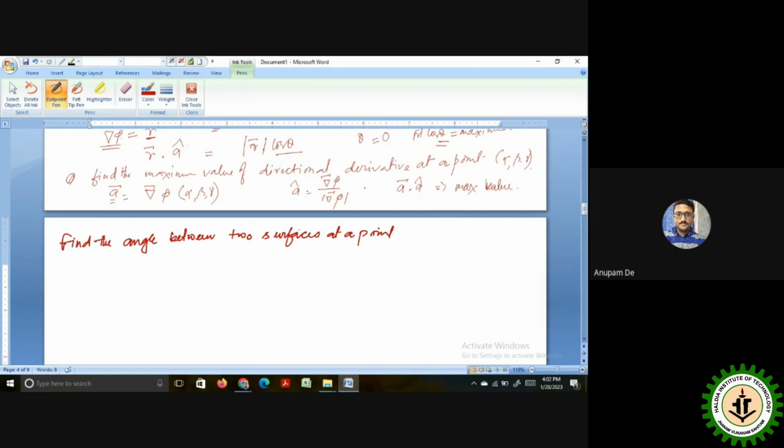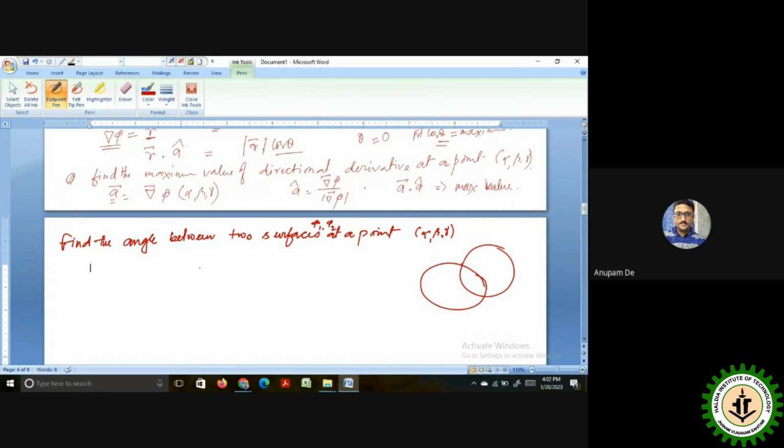Surfaces, suppose phi 1 and phi 2, at a point, say alpha beta gamma. Suppose you have two surfaces here, this is one and this is one, and they meet at this point.